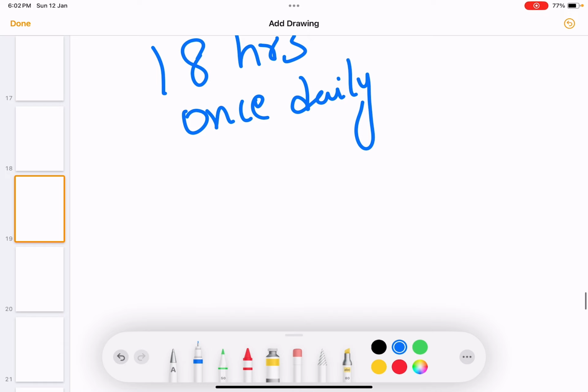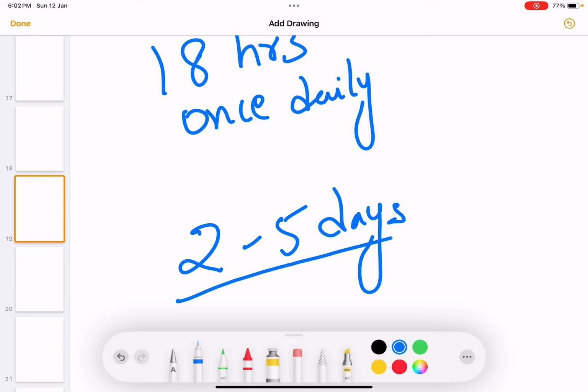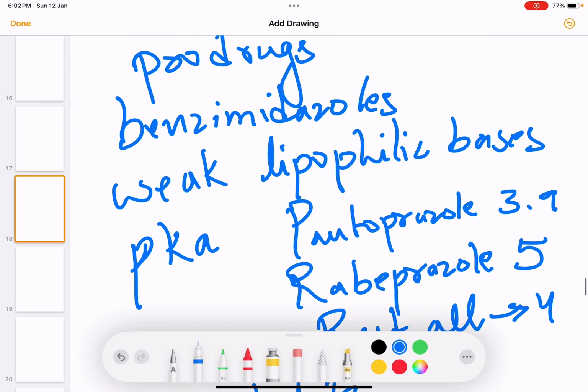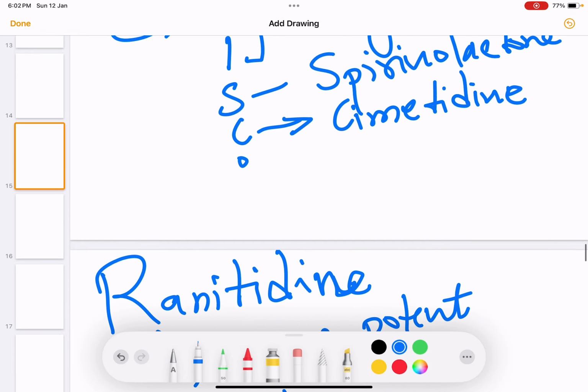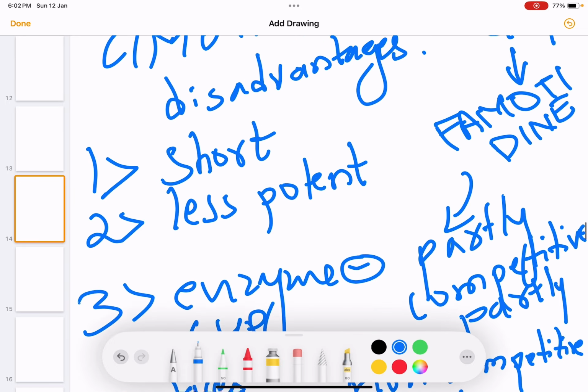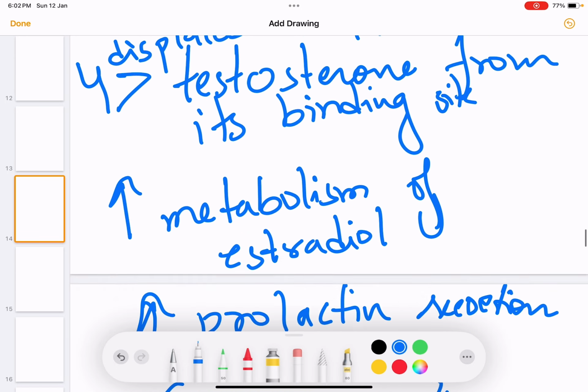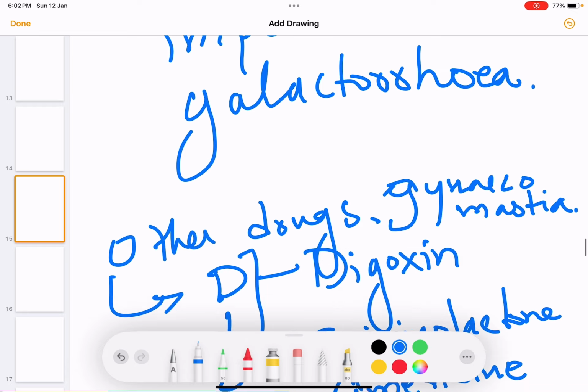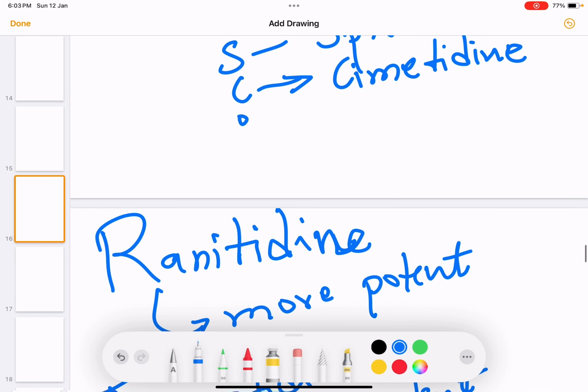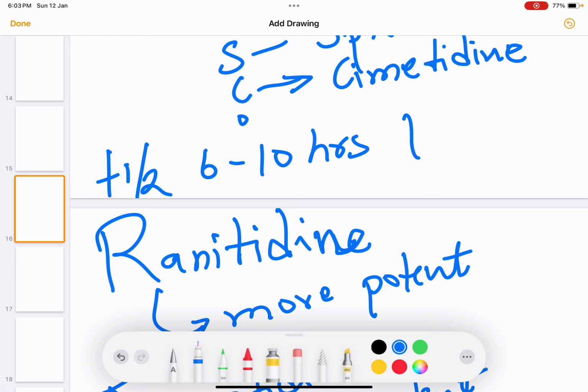If we give continuous administration, the pumps are suppressed for up to 2 to 5 days from the last dose. On the other hand, H2 blockers have a half-life of around 6 to 10 hours, and they should be given as twice daily dosing.